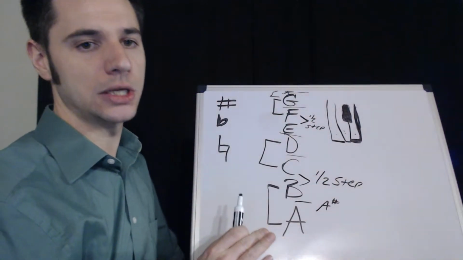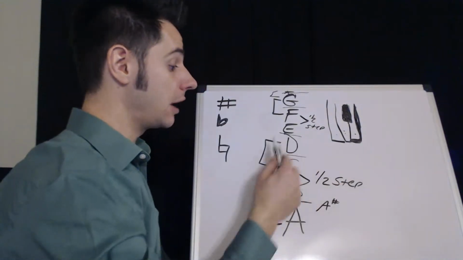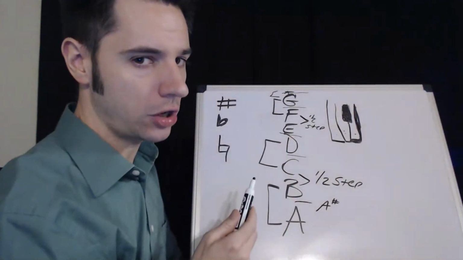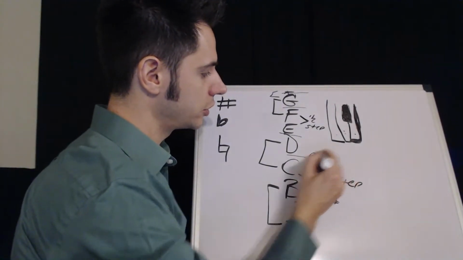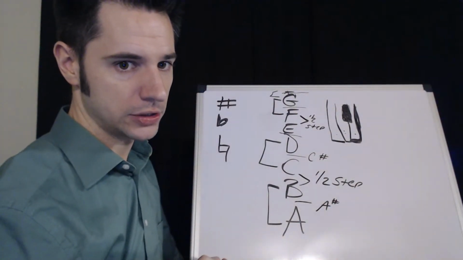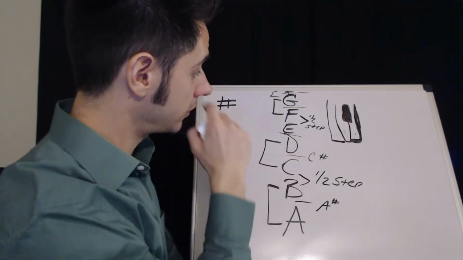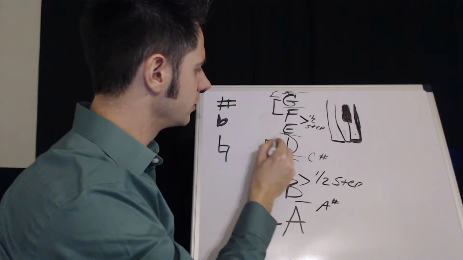No sharps, no flats needed. No worries. We go straight B to C. Now, C to D, though, is a whole step. So we've got a sharp note in between there. So we've got C sharp, okay, C sharp right here. All right. D to E, okay, D to E, that's a whole step. Why didn't I put a whole step there? I don't know. Let's do that.